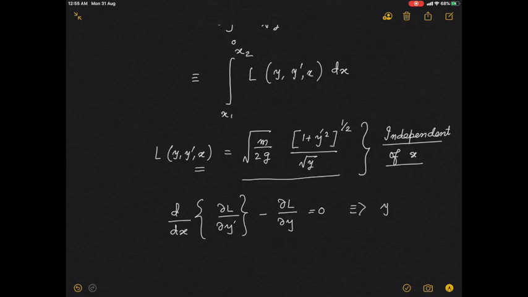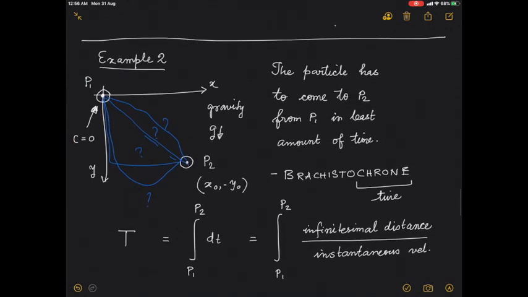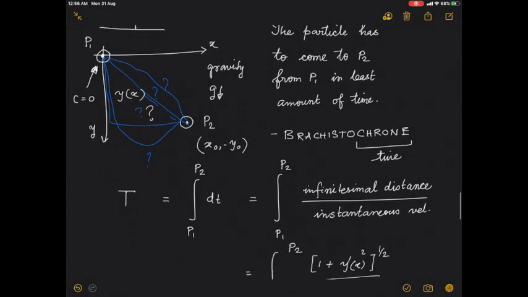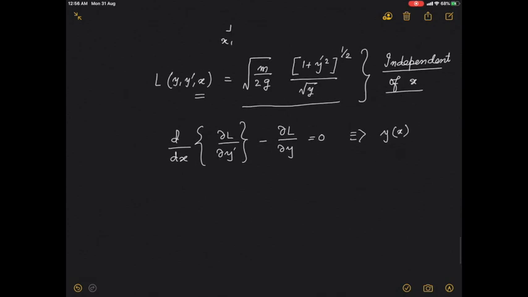That is what we wanted. What is y as a function of x? That is the curve. This curve is y as a function of x. Okay. So I will not solve it for you. It will take quite some time to solve it here in a discussion. So I will leave it for you to solve. So that is your second homework today.